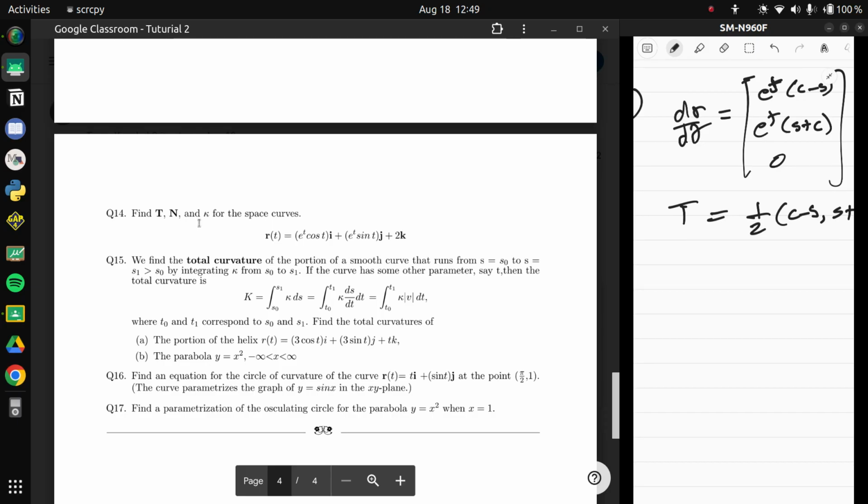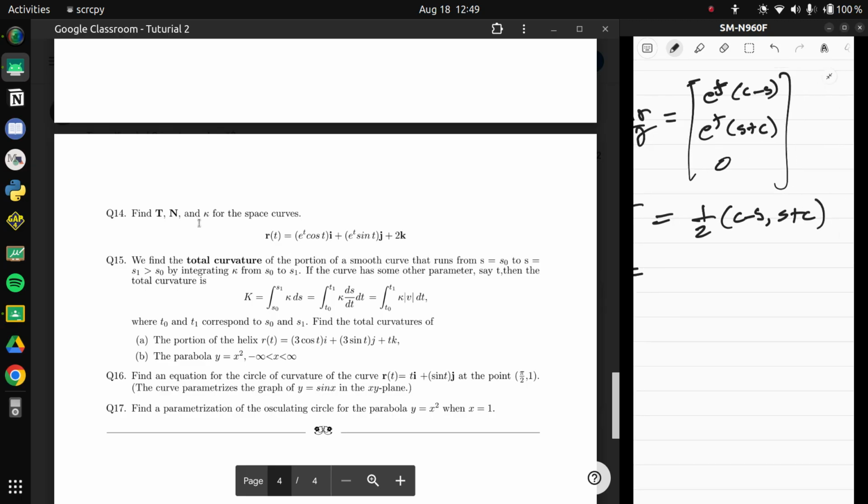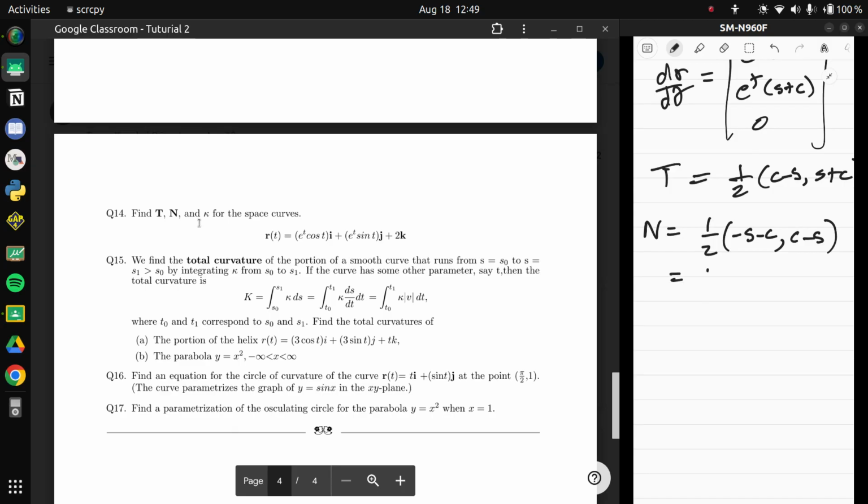Right, so you found T. You also need to figure out what N is. So N would just be, take a derivative of this stuff. It's going to give you something nice. It's the same as before apparently, so just like what?